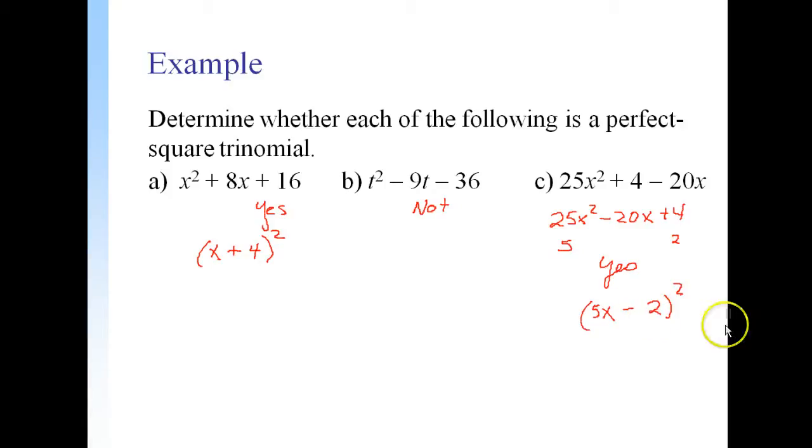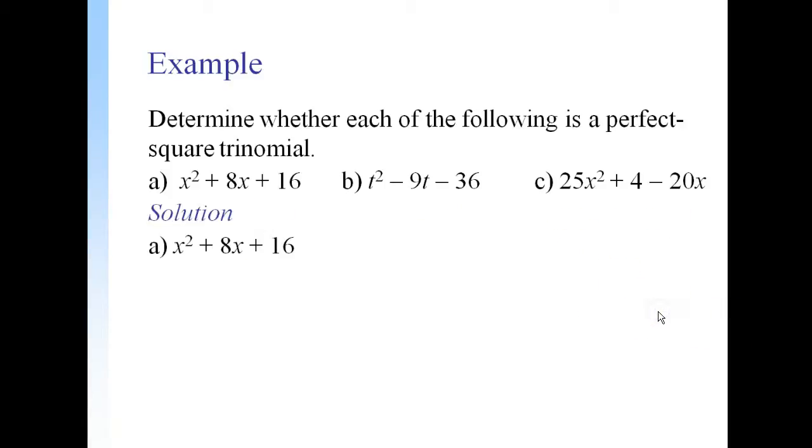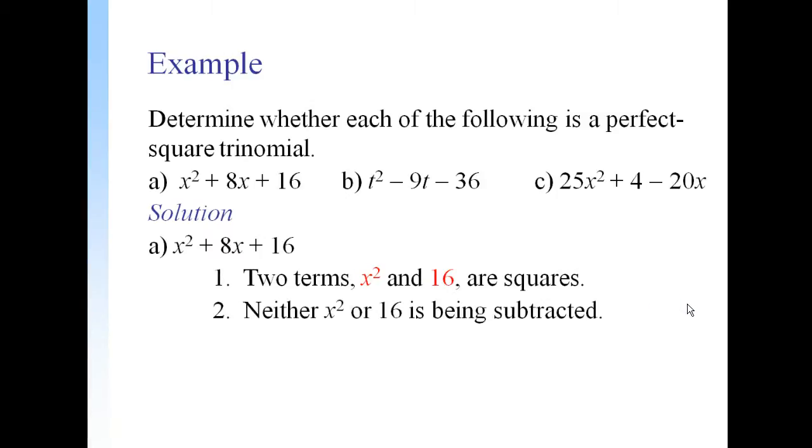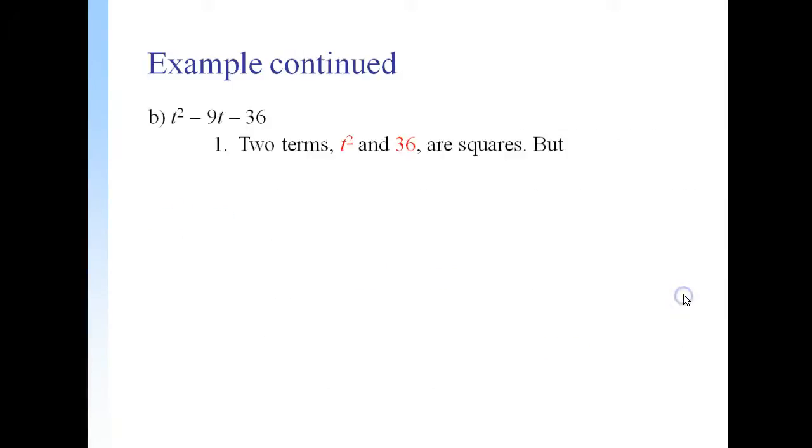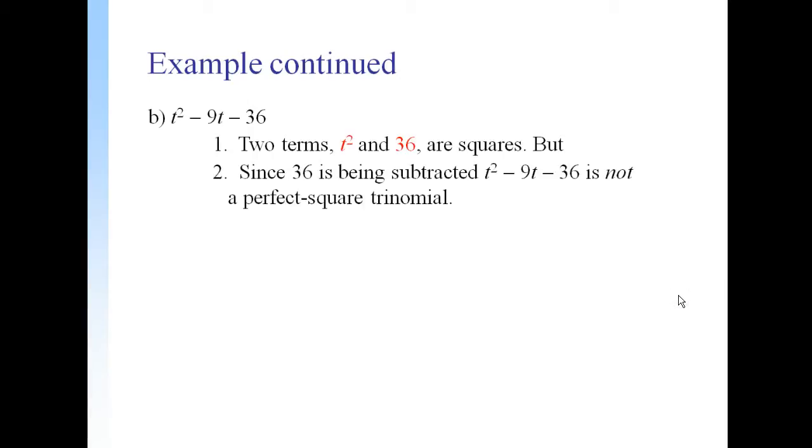Okay, let's go on. And they're going through the protocol. In letter B, they're perfect squares, but the square root of this does not add up to that, so it's not.